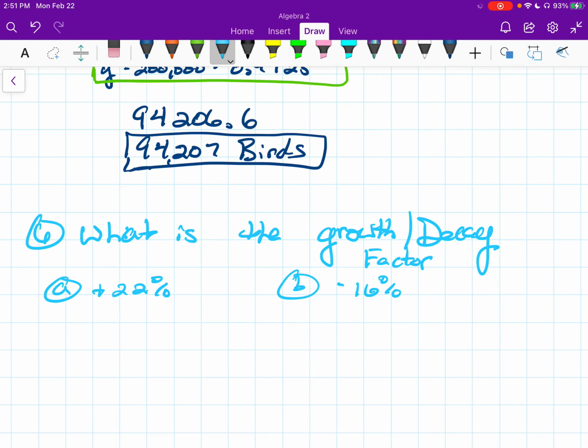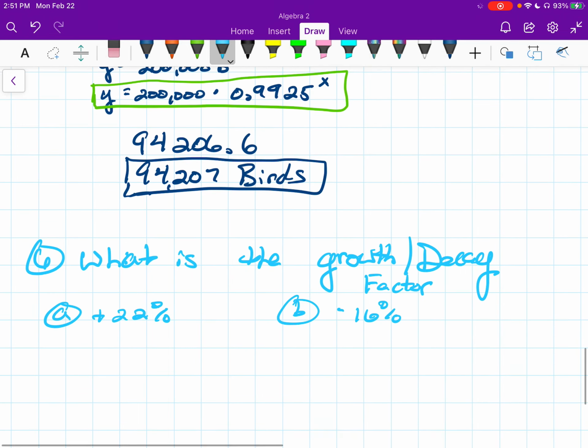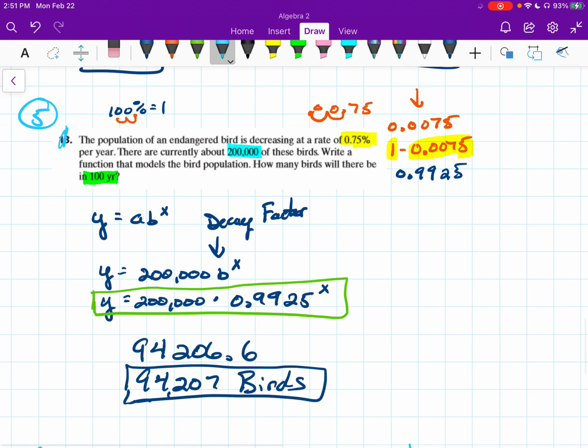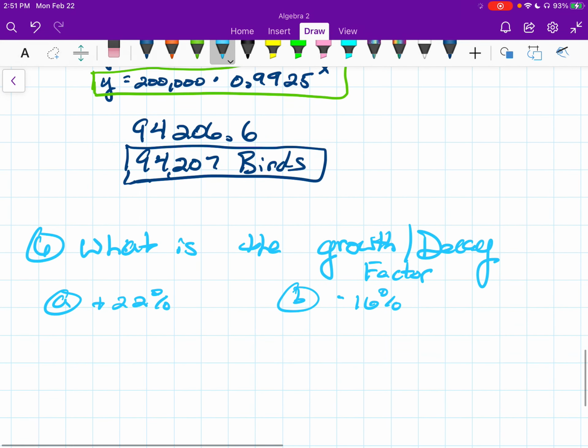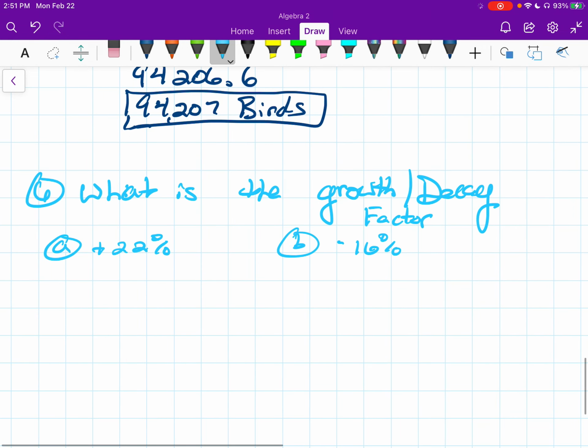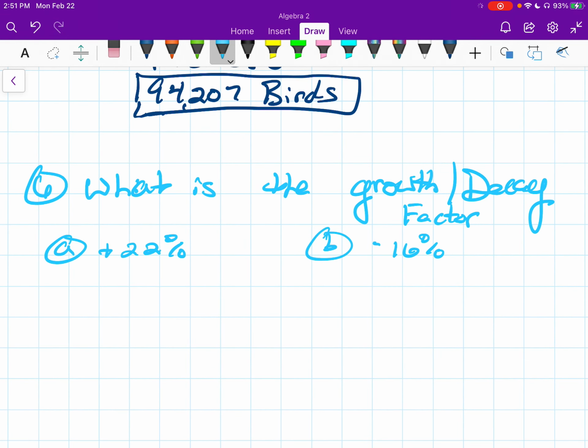So what do these mean? In our word problem, it was written as decreasing at a rate of 0.75%. So that's what the negative 16% is. If you were given a word problem that had these words in it, what would we convert that to? Well, an increase of 22%, let's start off by converting that to a regular number.